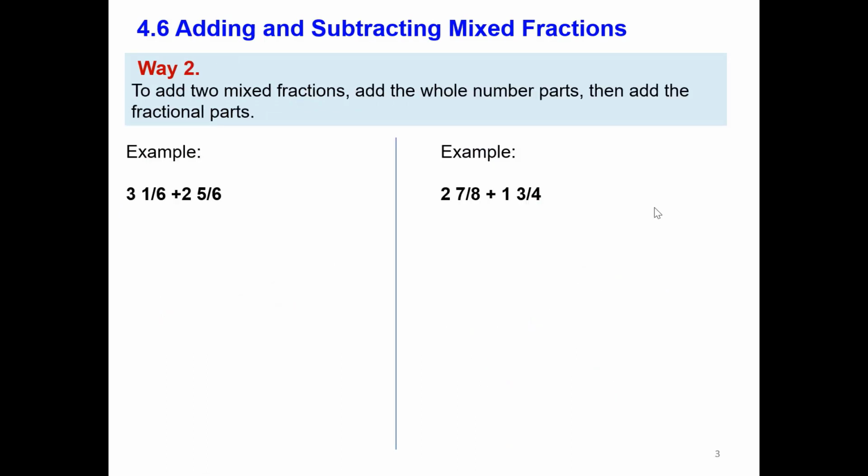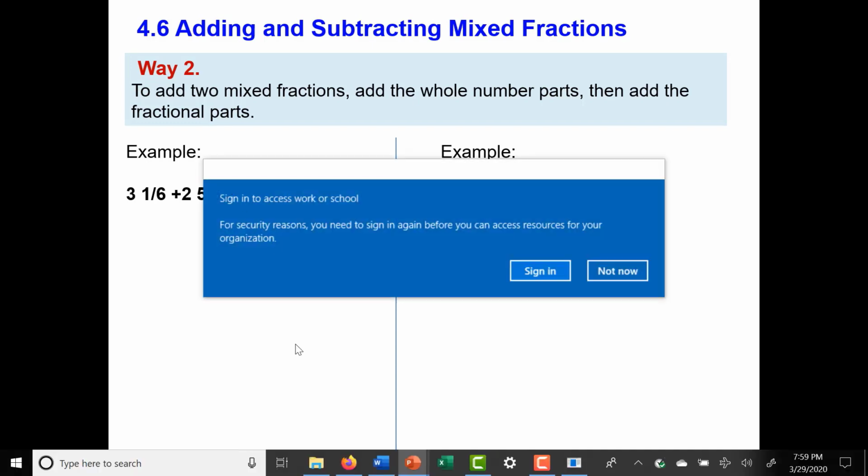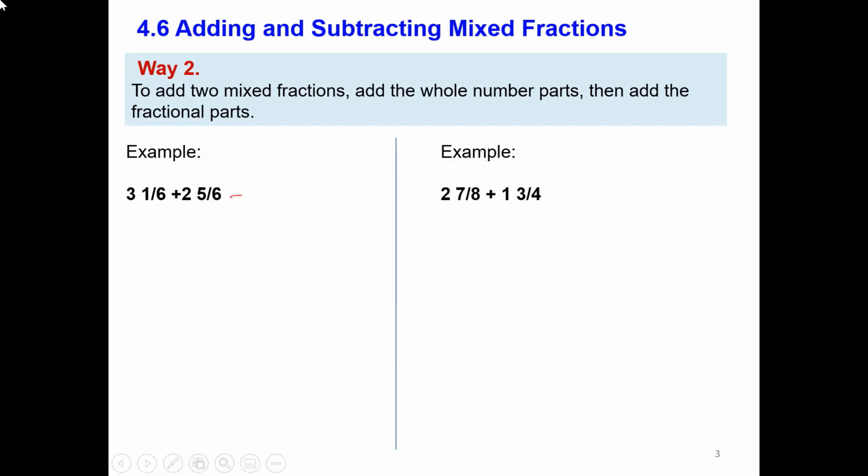If we apply the second way to add mixed fractions, we add the whole parts and then we add the fractional parts. In this case, we need to remember how to write mixed fractions using the definition.